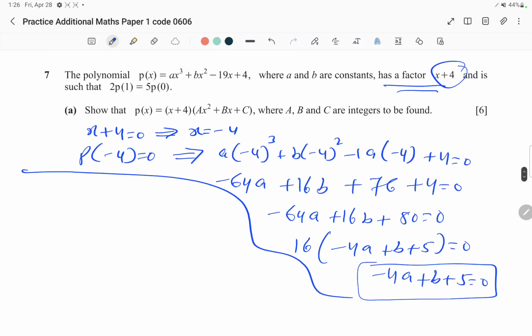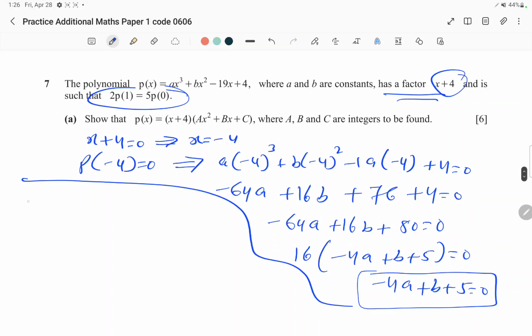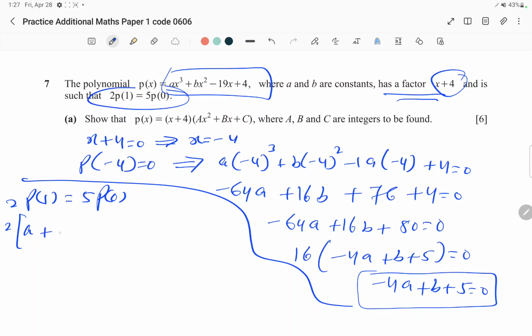Now the second equation we can get from here, which is twice p1 equals 5 times p0. So twice p1, just put x as 1. So a times 1 cube is 1, b times 1 square is b, minus 19 times 1 is minus 19, plus 4.